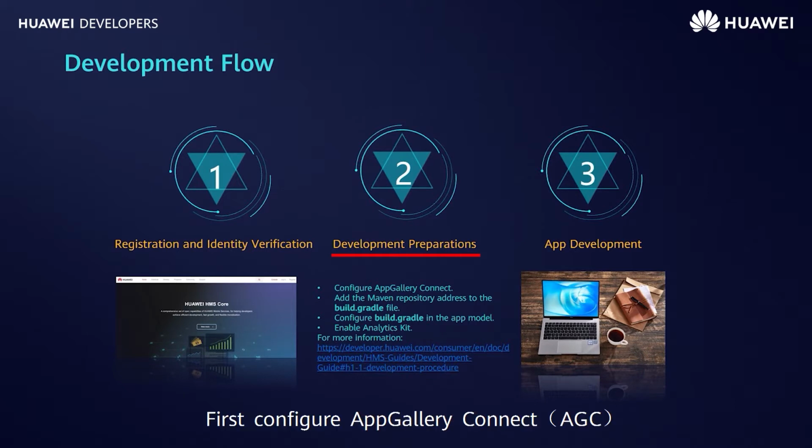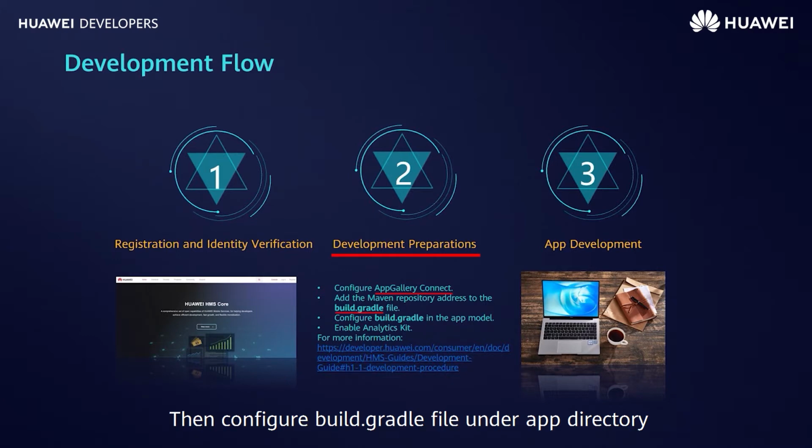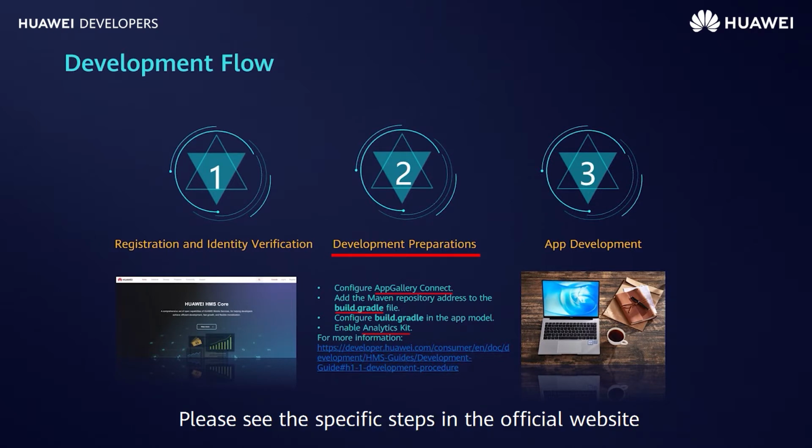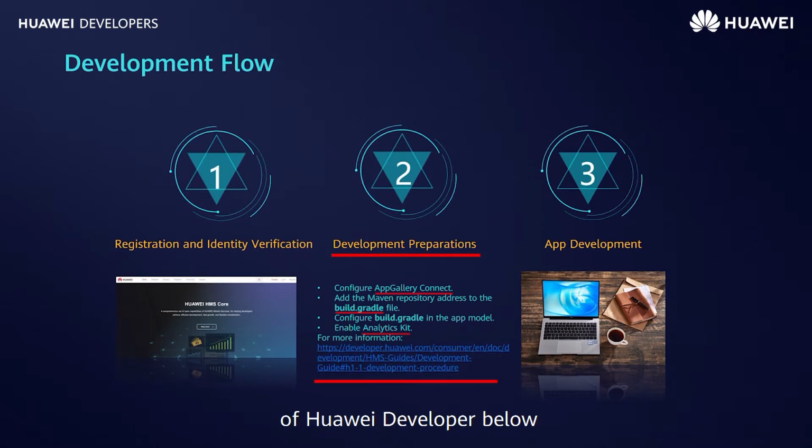First, configure AppGallery Connect AGC. Then, add Huawei Maven warehouse to build Gradle file of the project. Then, configure build Gradle file under app directory. At last, open Analysis Service in AGC. Please see the specific steps in the official website of Huawei developer below.